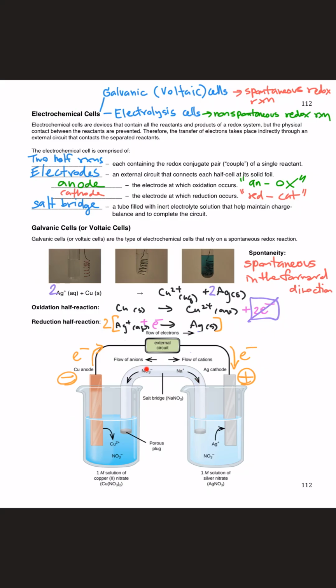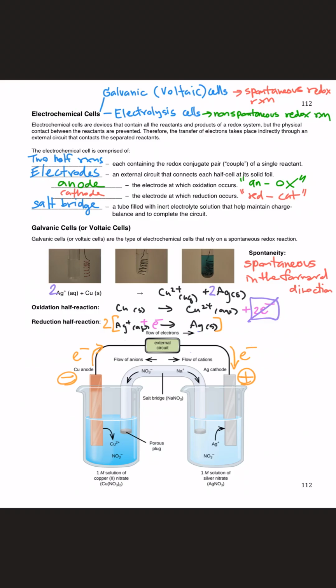The salt bridge contains an electrolyte such as sodium nitrate or potassium nitrate or potassium chloride, pretty much any soluble ionic compound. Those will be considered for use in the salt bridge, right? Most of the time we will use a pH neutral salt. So what happened then in the salt bridge?